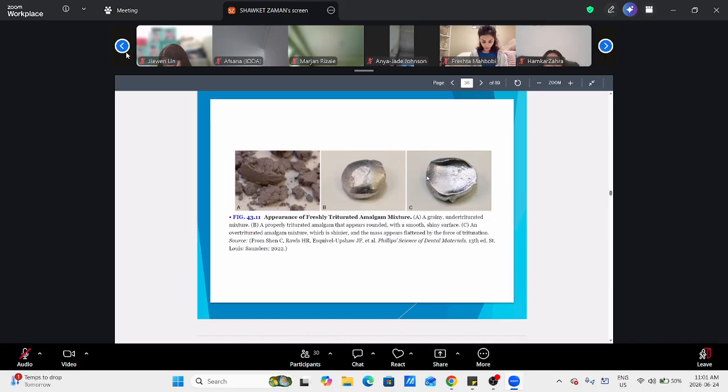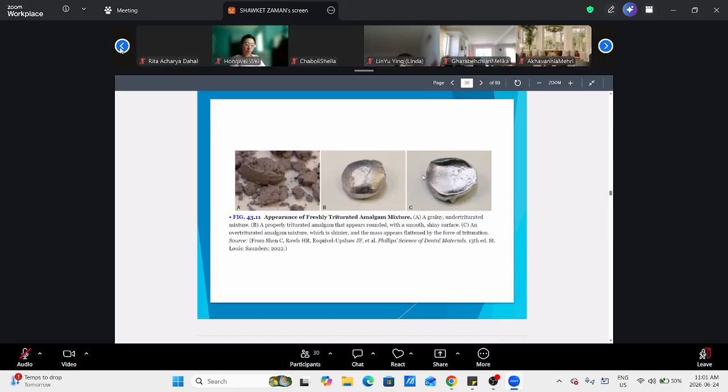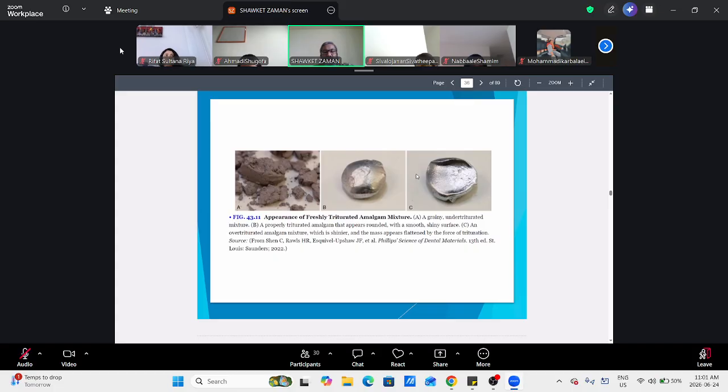This is how we usually see the amalgam after trituration: poorly triturated, over triturated, and properly triturated. It should be properly triturated. When you see that it is shiny, that is called properly triturated. As you can see, the middle one, B, is the proper trituration. When it is properly triturated, its surface is smooth and shiny.